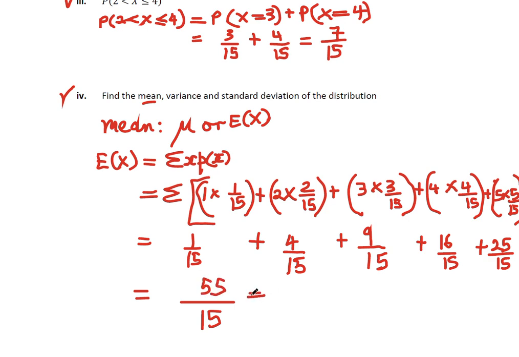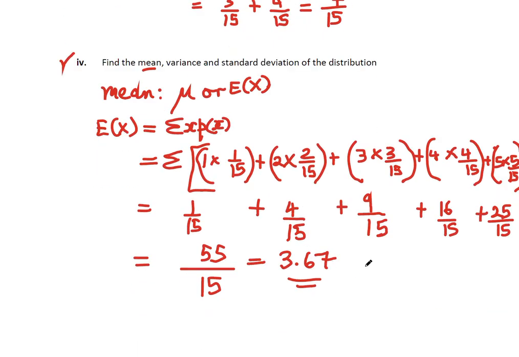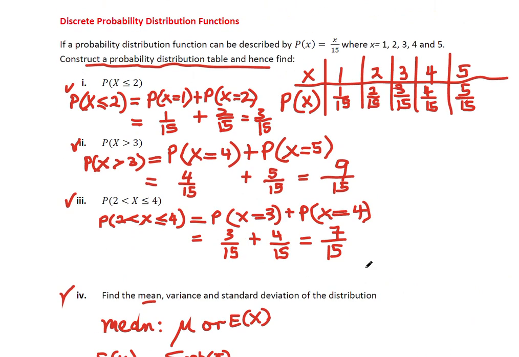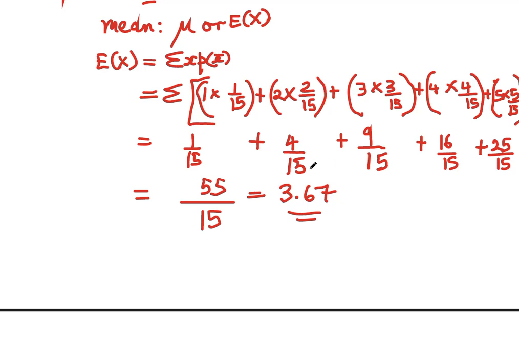And 55 divided by 15 can be simplified to give us 3.67 rounded to 2 decimal places. So this 3.67 is our expected value, or mean. But because we're working with a discrete data set, this is a discrete probability distribution function, it means that we would have to approximate this value to the nearest whole number.